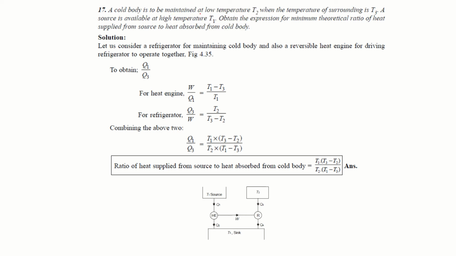A cold body is to be maintained at low temperature T2 when the temperature of surroundings is T3. A source is available at high temperature T1.